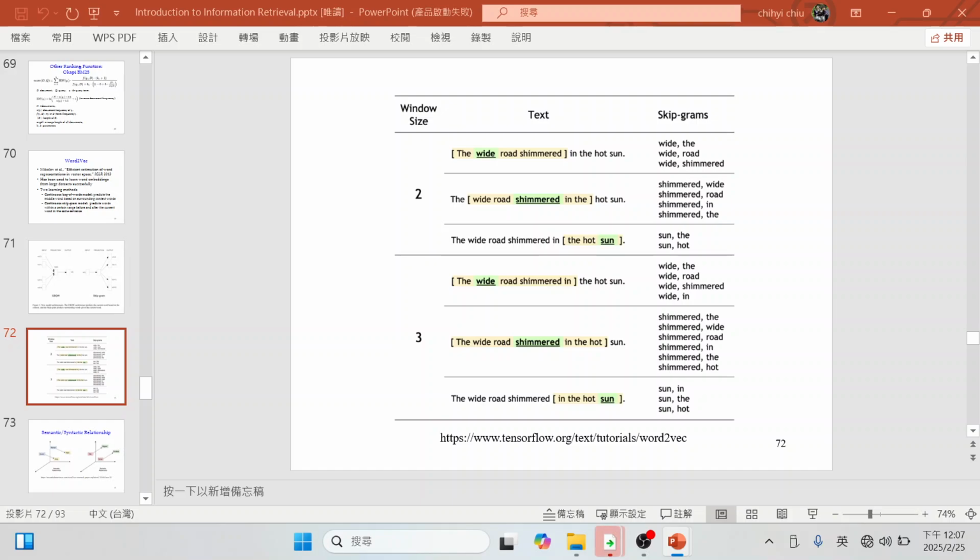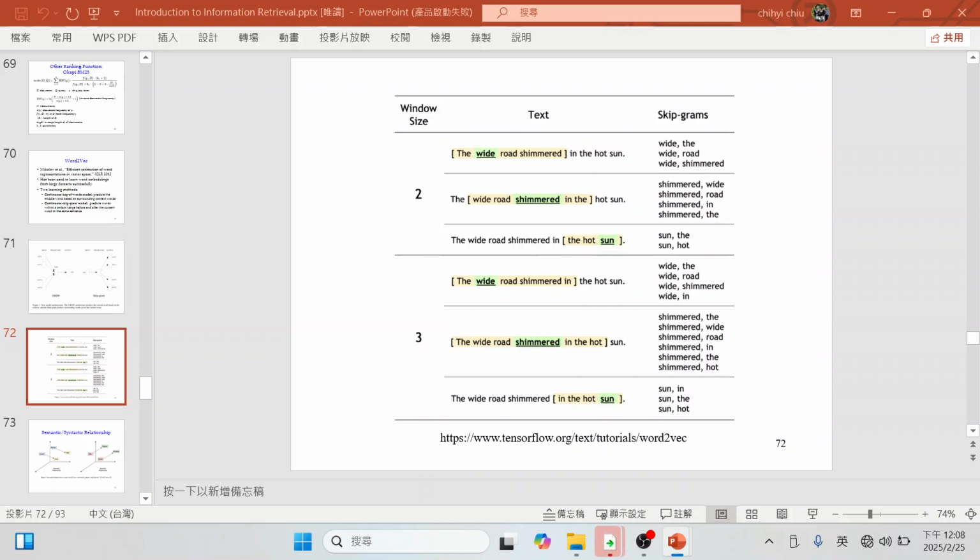So I get its previous tokens and next tokens. Each word in the window is paired with your anchor word to generate the skip-grams. The anchor and the first word is your first skip-gram, the anchor and the second word is the second, and the anchor and the third word is the third.